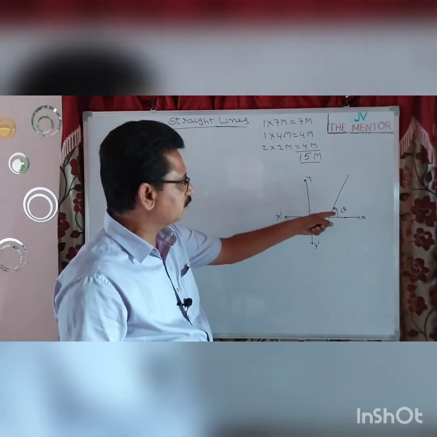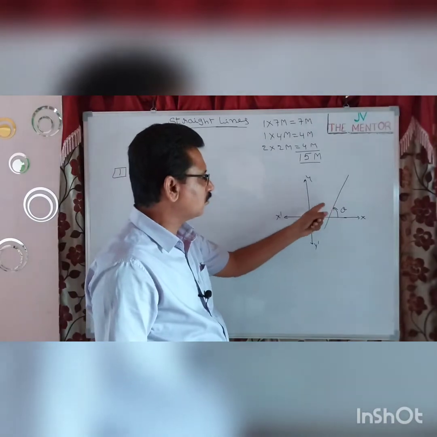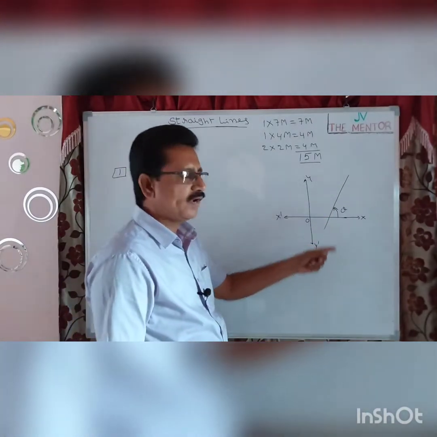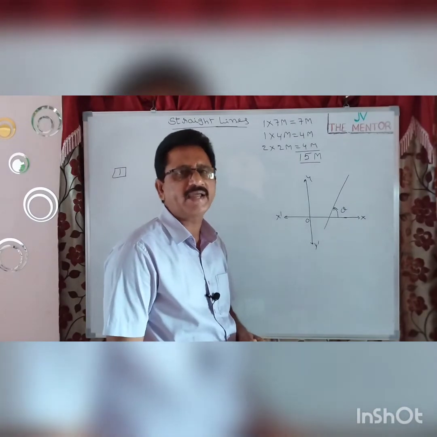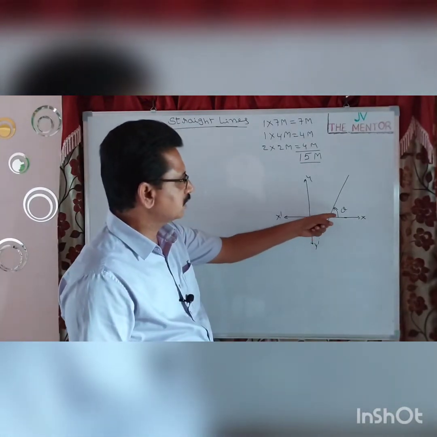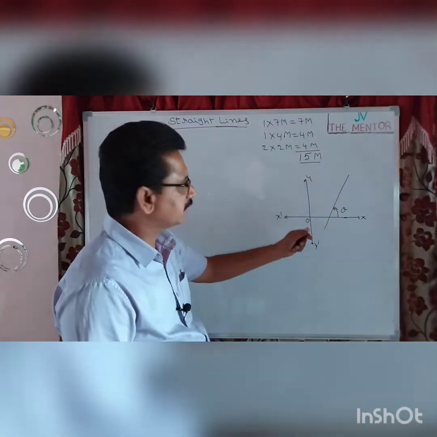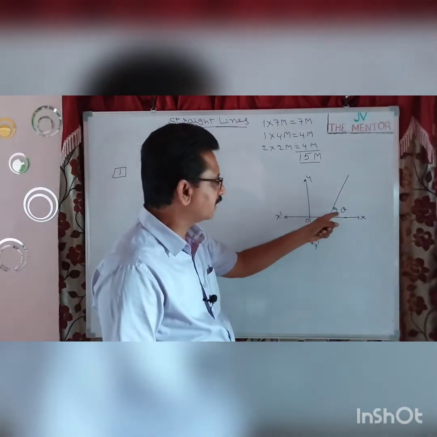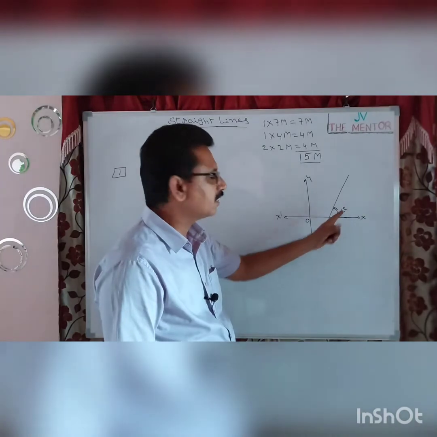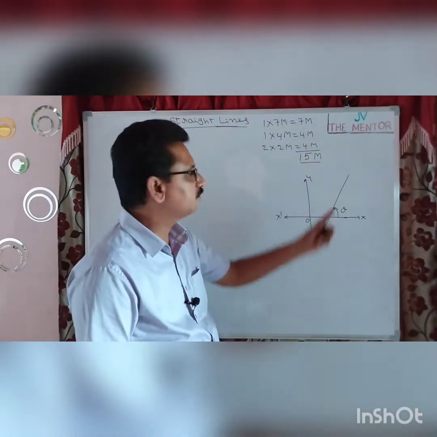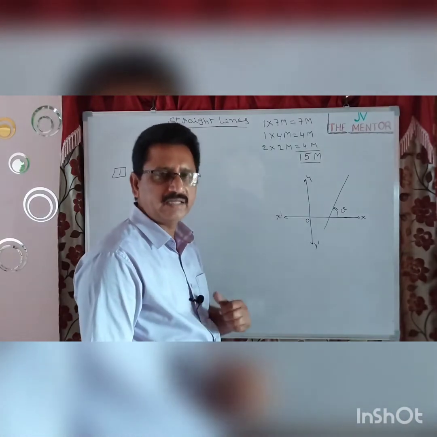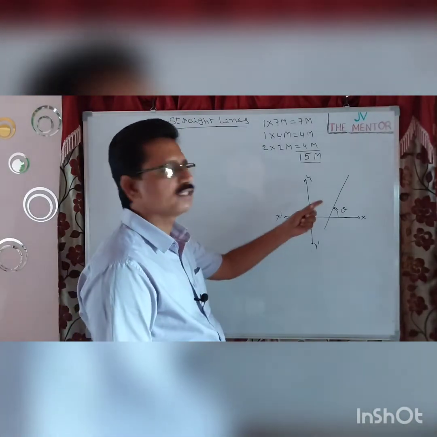Anti-clockwise direction is called the positive direction. Clockwise direction is called the negative direction. Then theta is called the inclination of the line.